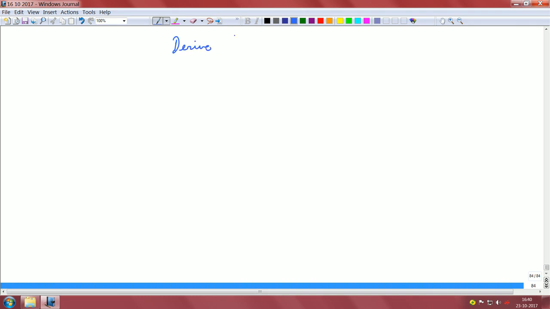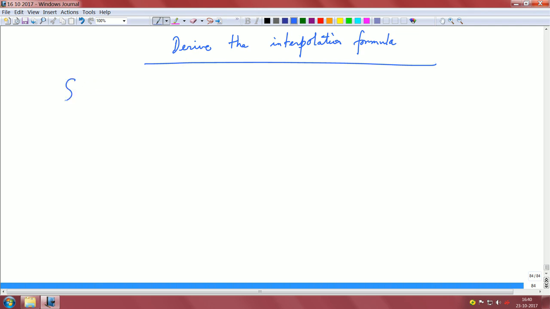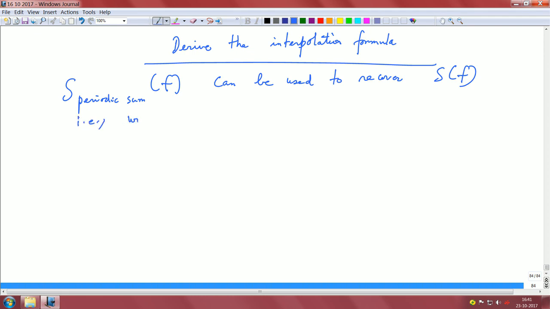Now, let us derive the interpolation formula. Now, this periodic sum of copies of the spectra can be used to recover S of f, that is with k equals 0, right.